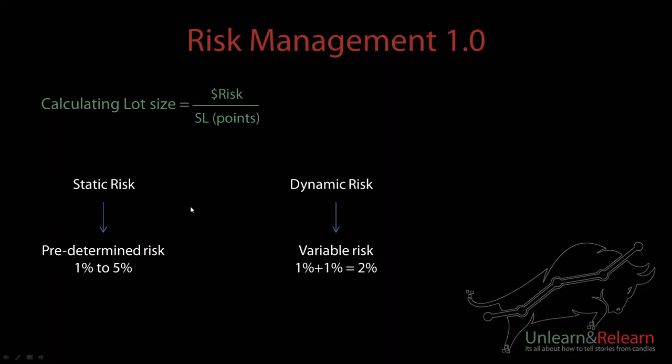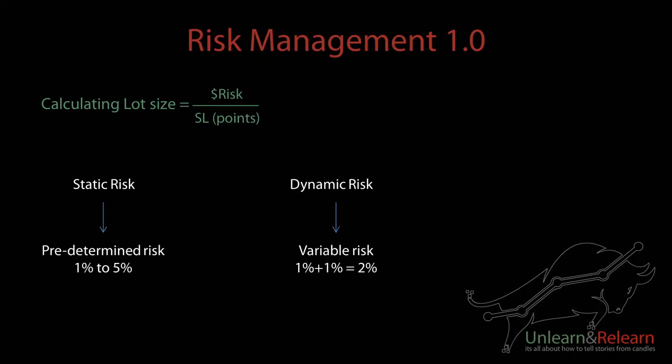What static risk means is that you're approaching a trade with only one position, and that one position is just one risk. Let's say someone wants to use 1% per trade, or 2% per trade. They enter a position, but only use 1%, or only 2%, on one position, and that's the plan.